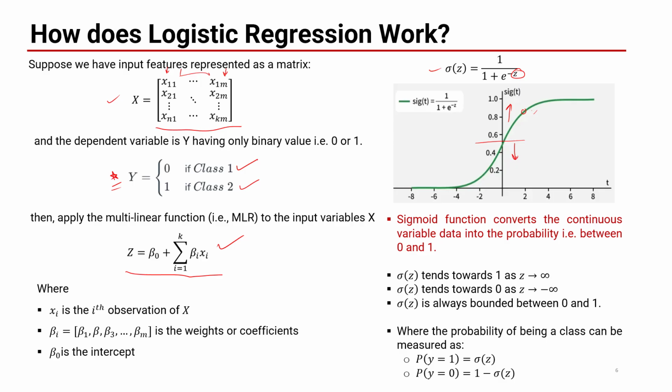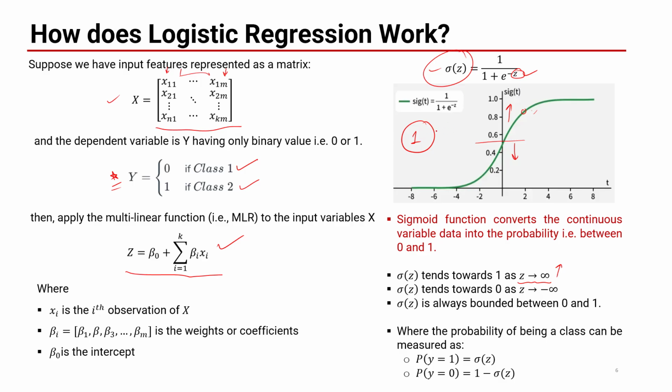But right now, let's see what's the relationship between this z value and this sigmoid value, because this sigmoid is a probability. So we know that as z is going to increase, meaning it reaches infinity, the answer of this is going to be 1, which means the probability of that point is exactly equal to 1.